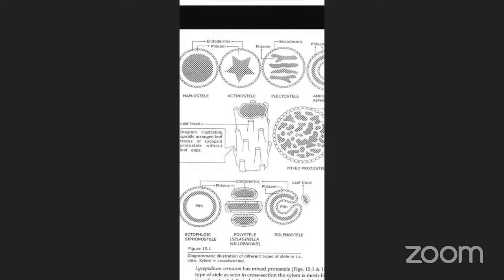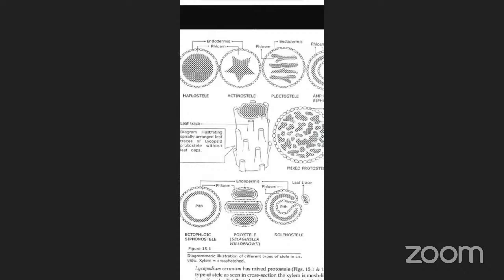So the next one is the solenostele. What is the solenostele? This is the solenostele, which is characterized by scattered leaf gaps, not overlapping each other.